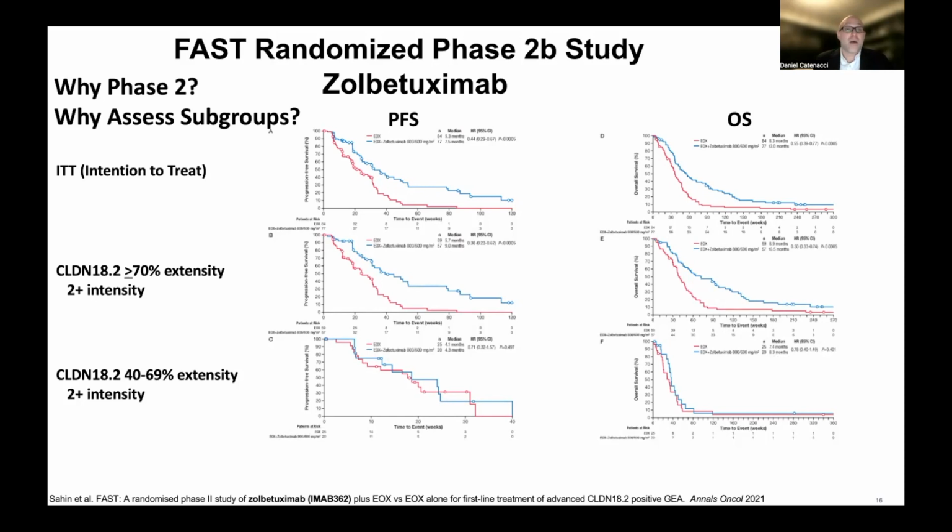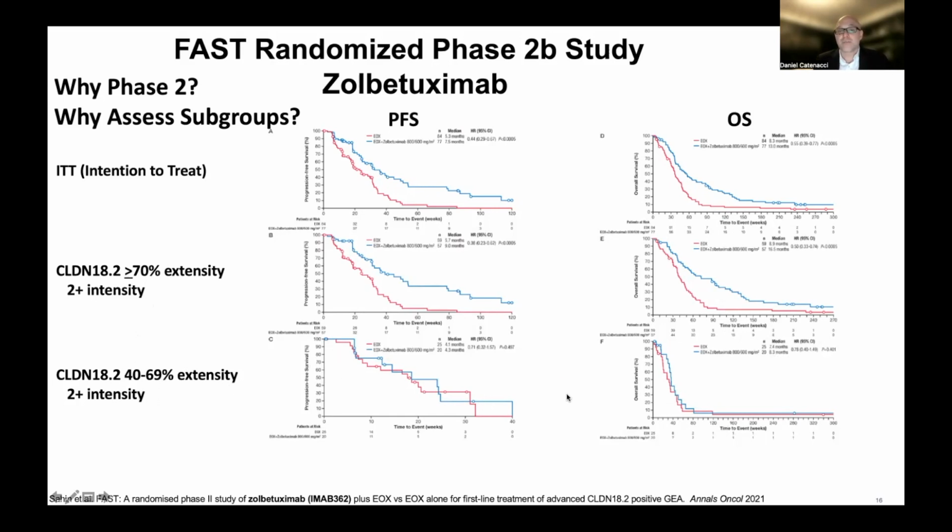And so amongst all the patients enrolled, they looked at a subgroup analysis of patients who had 70% of cell staining versus those that had less than 70 but more than 40%. And you can see that really the lower level expressors derive no benefit at all.